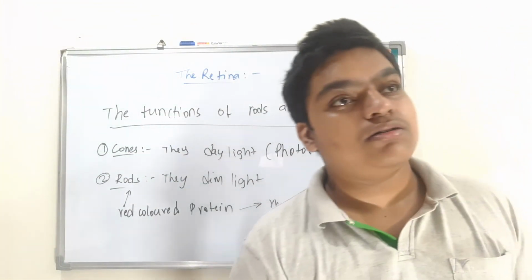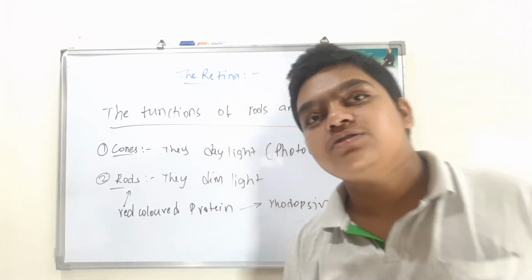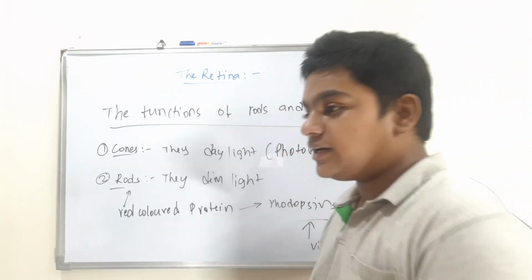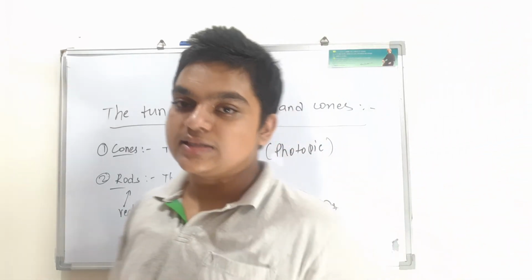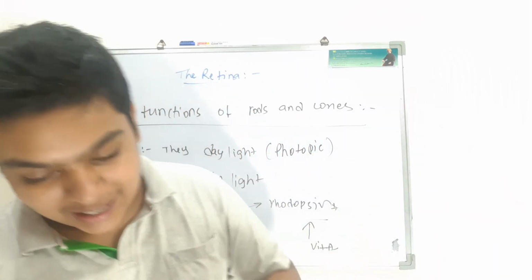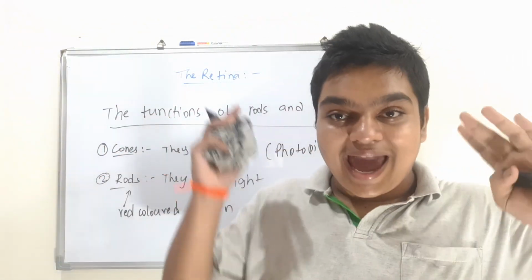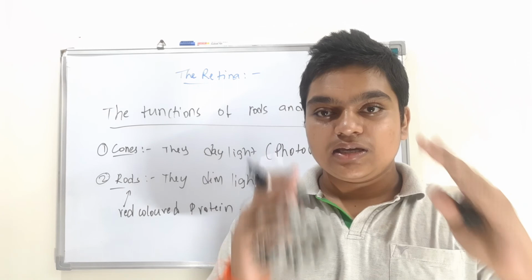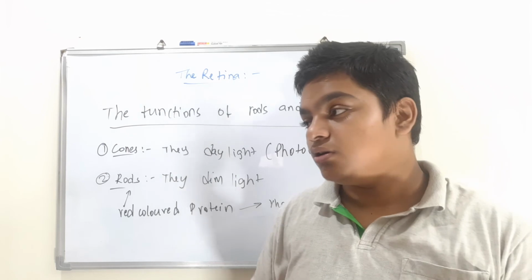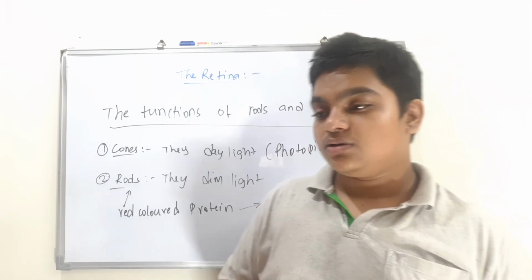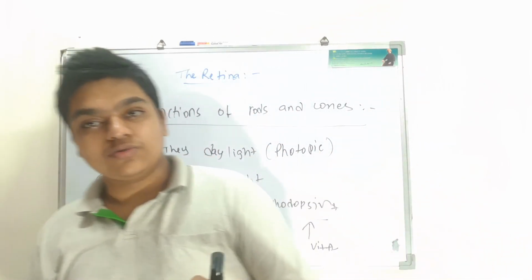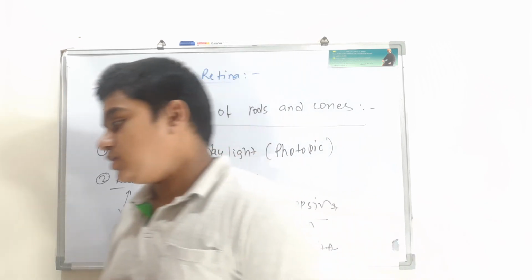So when this light falls on the retina, these photopigments start reacting, stimulating the nerve impulses towards that color light. But when there is a white light falling on our eye, all the photopigments act simultaneously, you can say all the cones. So they respond to white light. Very important.